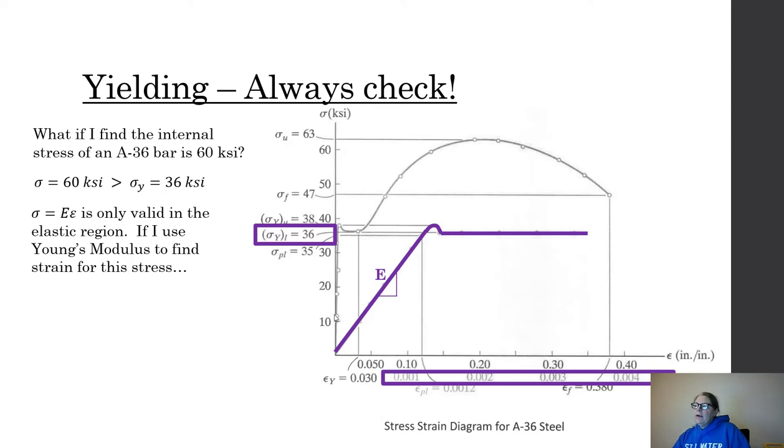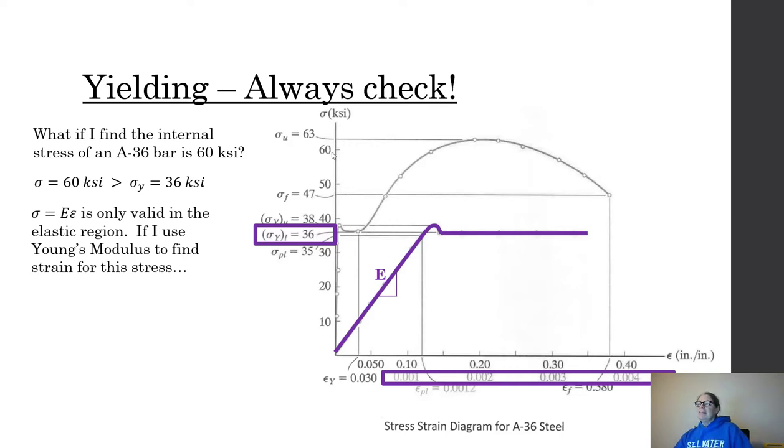You can see right here on the left, as we go up, a very tiny line going up. That's the elastic region. You could not use these upper values to calculate anything in the elastic region. So we stretch out the elastic part of this initial yielding and use much smaller values. If I were at 36 KSI or less, I'm going to have super small strains, super small deformation. That's usually where I'm going to want to design.